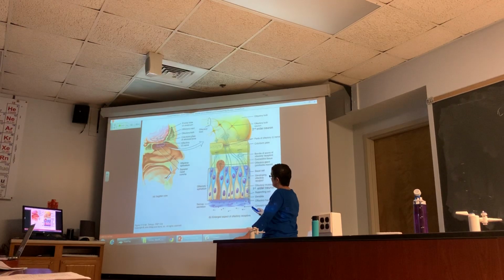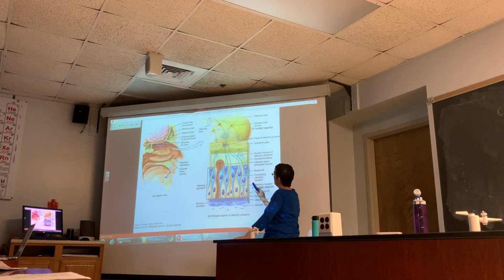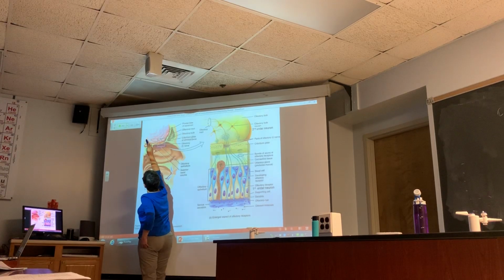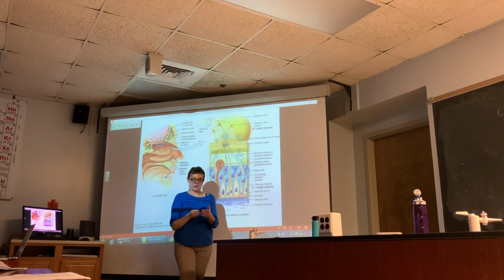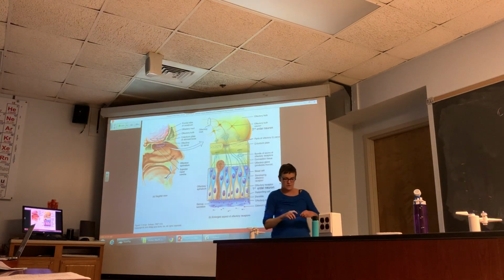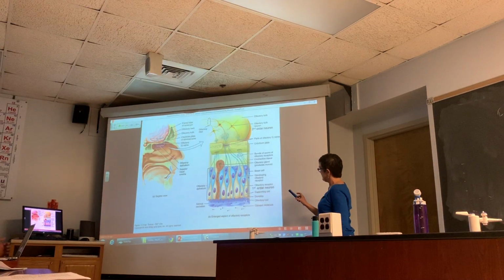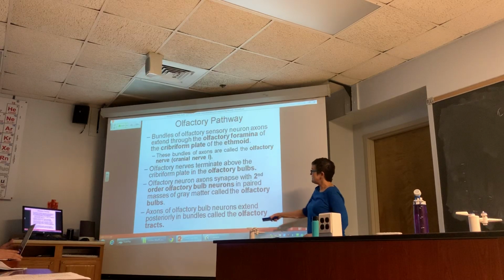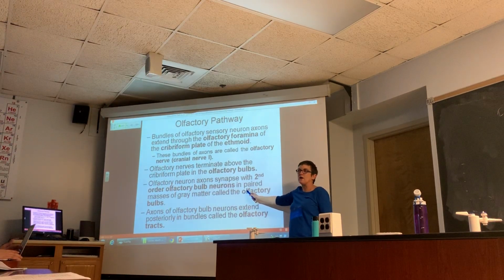So what's happening is you're sending a signal up, and then you're synapsing here, and then these guys are sending a signal down the olfactory tract, and the olfactory tract carries that signal to the brain. You may remember, hopefully you learned about this, this is just telling you what I've already told you, but as it says here, the olfactory bulb is considered to be gray matter.